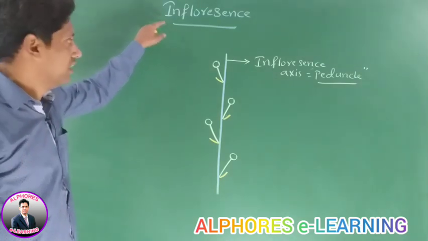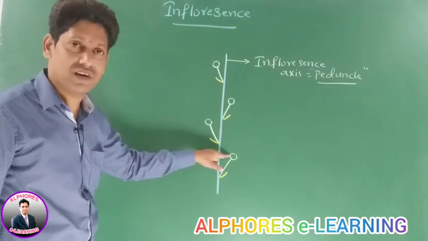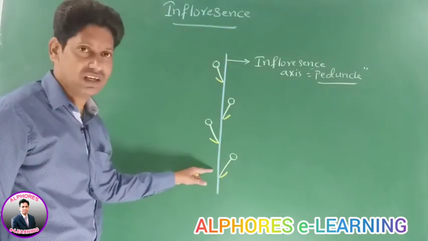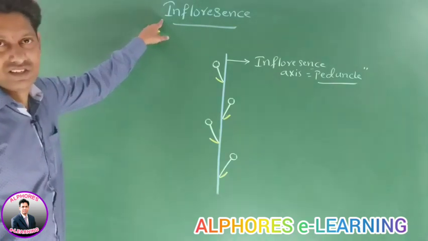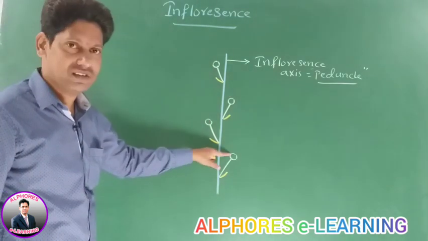Now listen to the statement. Arrangement of flowers on the peduncle is called an inflorescence. What is the meaning of inflorescence? Arrangement of flowers. Where?